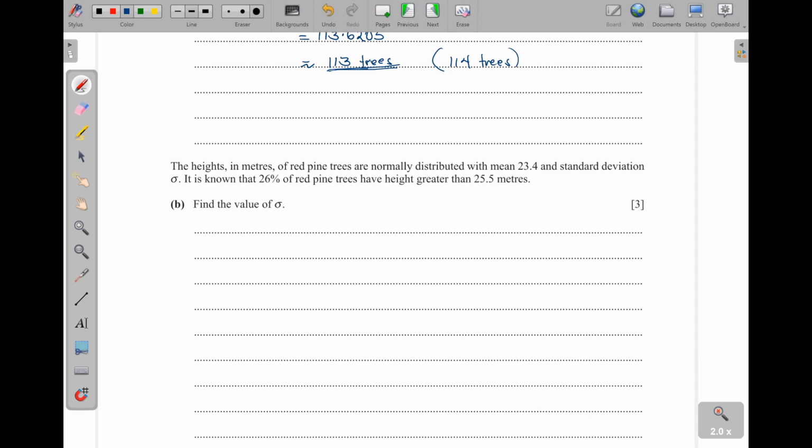Now, we have the probability of X greater than 25.5. The probability is given as 26%, but I need to standardize this. I will have the probability of Z greater than Z1, which is equal to 0.26.